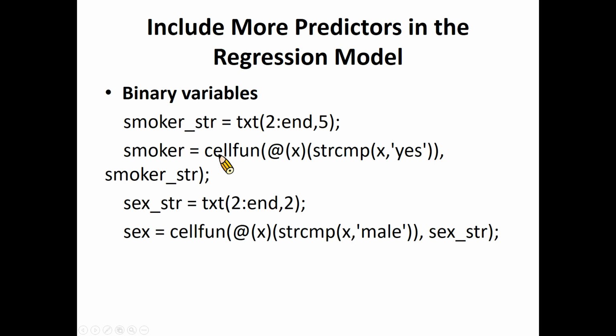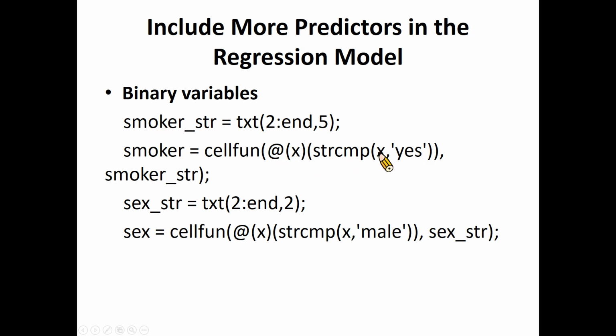In this case, I want to specify yes to be the number 1, and the others to be number 0. So I can just use the string compare function, strcmp, and this function can compare any strings in the smoker string.